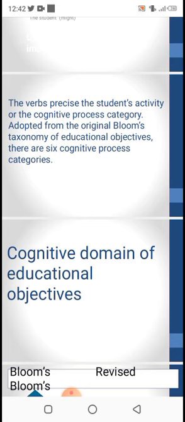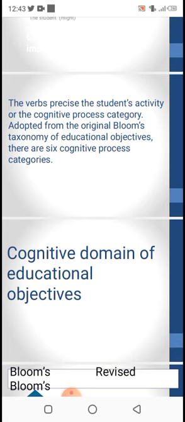And the other thing you have to know is that Bloom's taxonomy has 3 domains. The first one is cognitive, then affective, and the psychomotor.